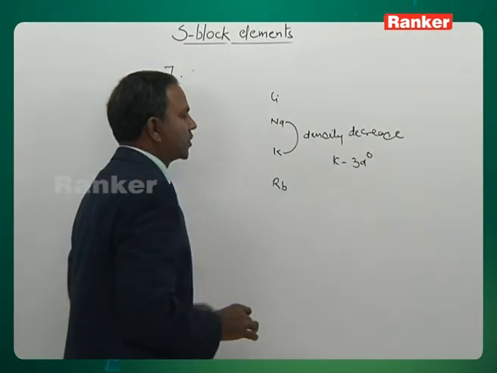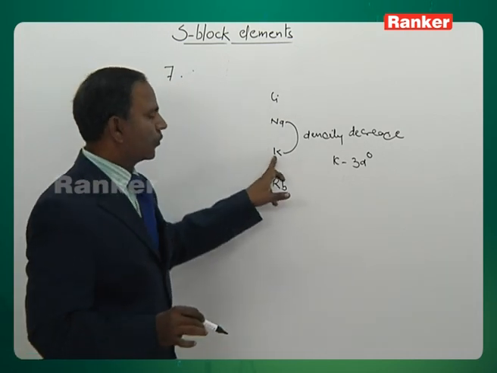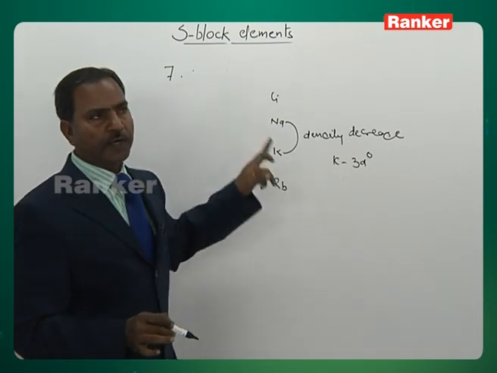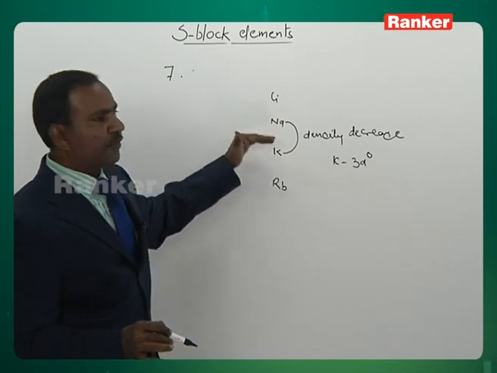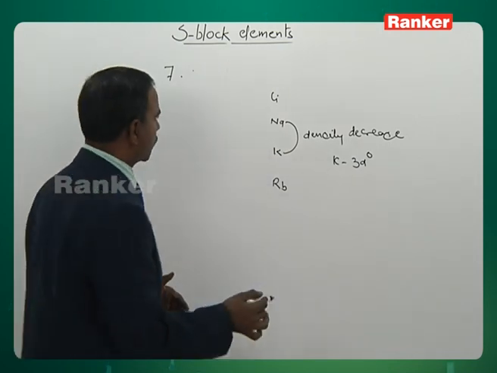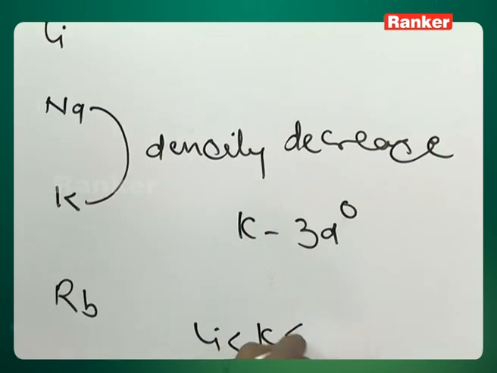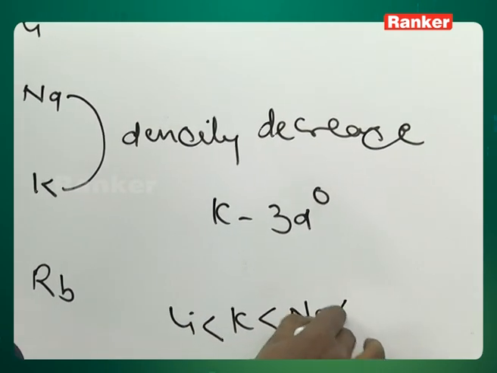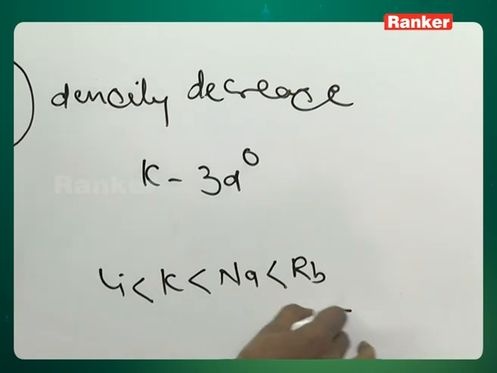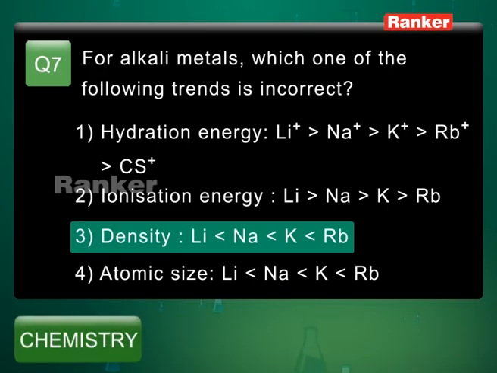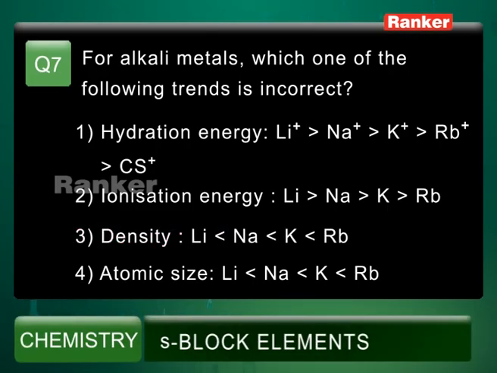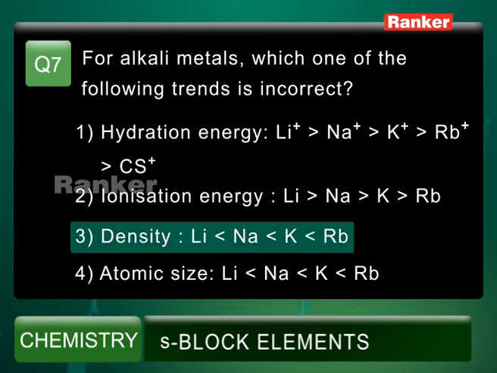Due to the appearance of these vacant d orbitals in potassium, density decreases from sodium to potassium. Therefore, the trend should be: lithium is less than potassium, potassium is less than sodium, sodium is less than rubidium. So, question number 7, option 3, density is the trend that is not correct. So, answer is 3.